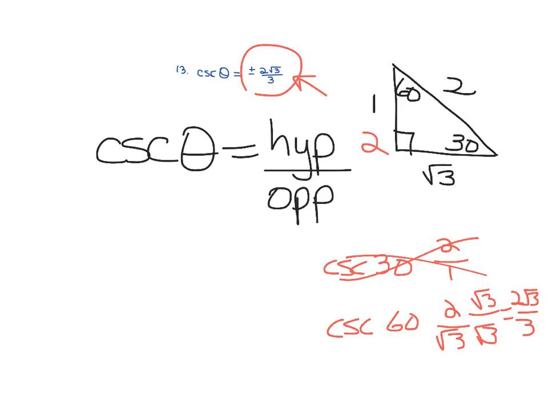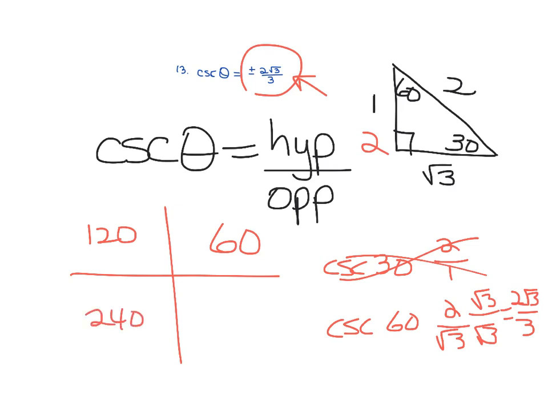So I'm going to be basing my 4 quadrants on a reference angle of 60. So for quadrant 2, I do 180 minus 60. Over here, I would do 180 plus 60. And for the last one, 360 minus 60, and it's 300. Now, look at my sign. Notice it's plus minus.